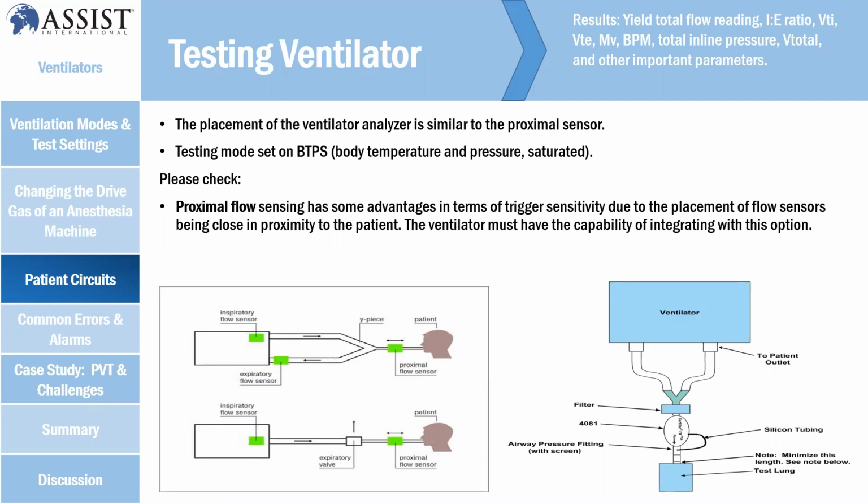And when you talk about ventilator and ICU, normally the testing mode is set at BTPS, body temperature, pressure, saturation. The reason is that, because of the body temperature, all that is going to be calculated based on that flow. And at the end of the day, you're going to measure IE ratio, VTI, MV, volume, all this.